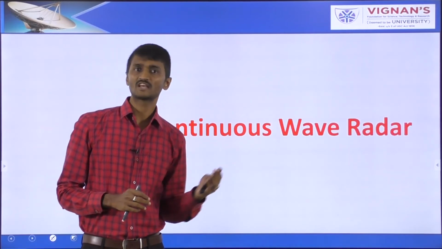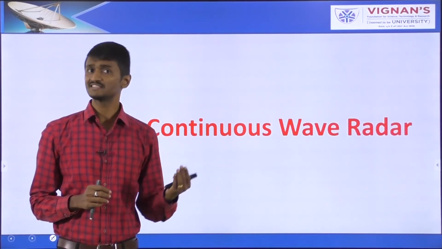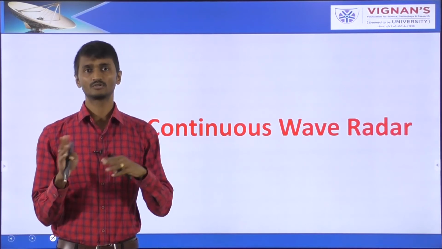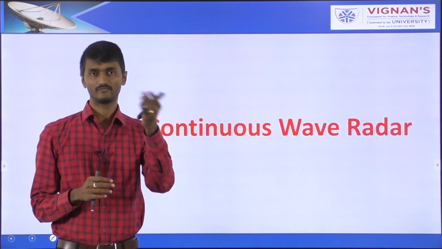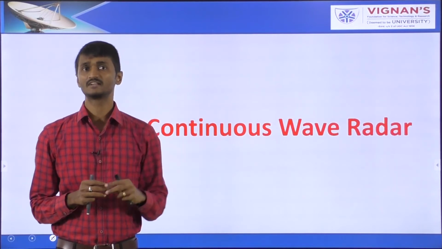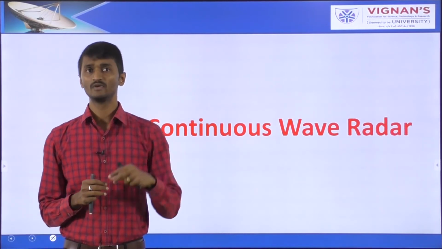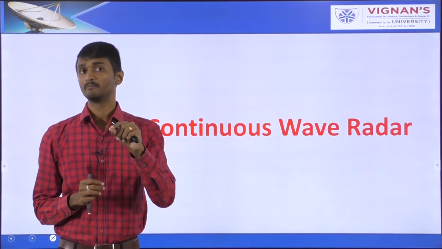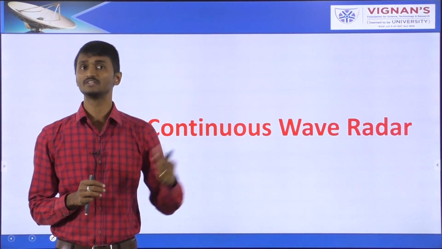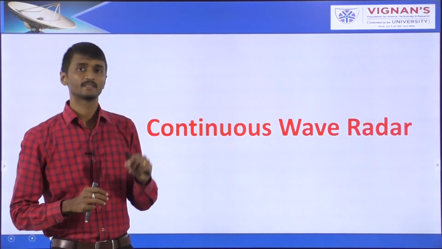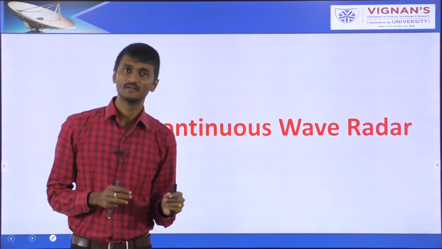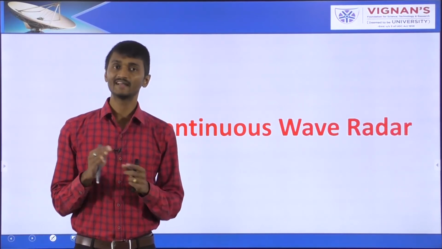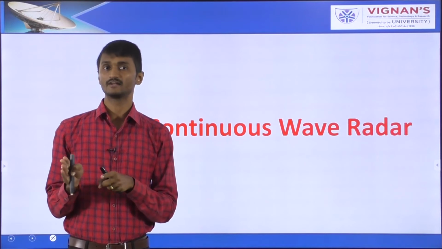So we can use this type of radar when the target is stationary, that is not moving, or when the radar can be operated with pulsed signal, that we have already seen in the pulse radars.